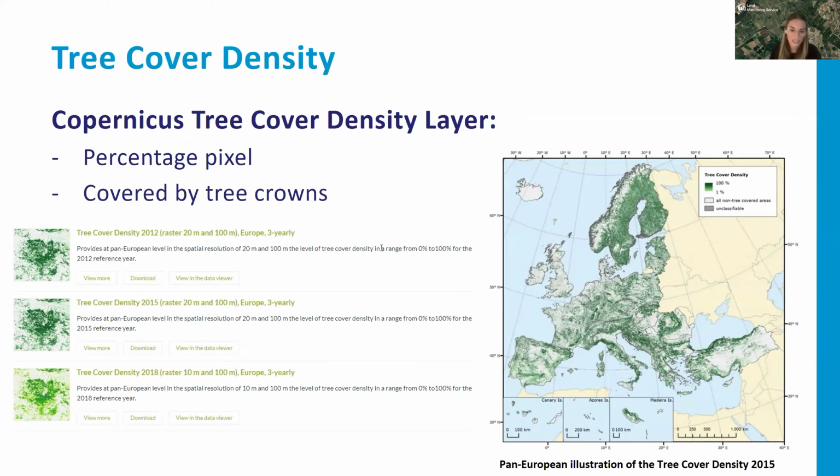And when we did this analysis, there were only 3 layers available. So there was a layer for 2012, one for 2015, and then one for 2018. The first 2, so 2012 and 2015, they were available in the resolution of 20 meters and 100 meters. And the 2018 layer was available in 10 meters and 100 meters.